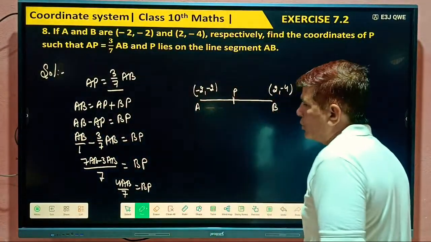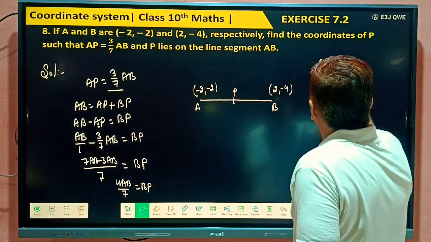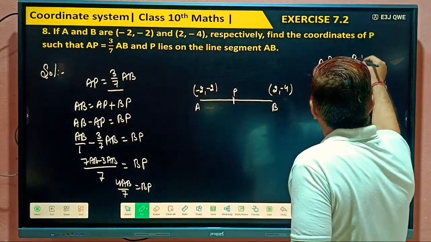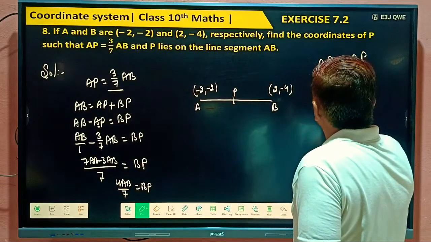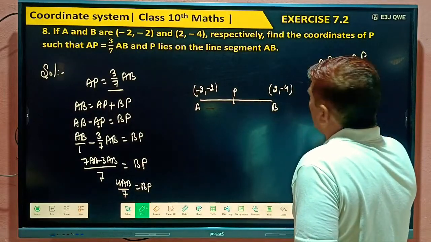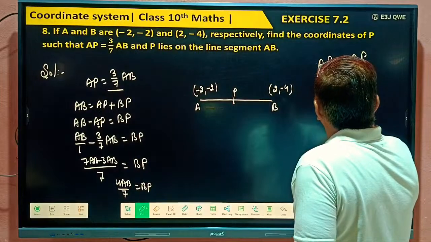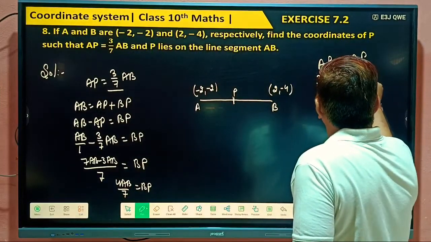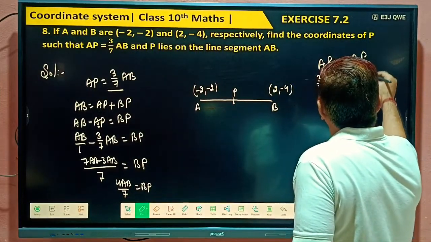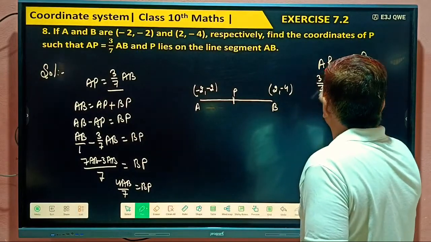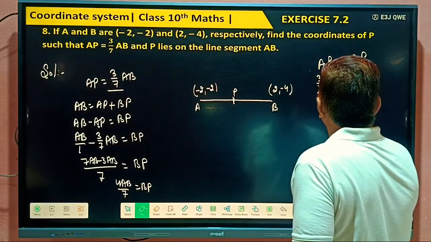Understood? So what's the ratio? AP is to BP: 3 by 7 AB to 4 by 7 AB. AB cancels AB, 7 cancels 7. So the ratio is 3 to 4.